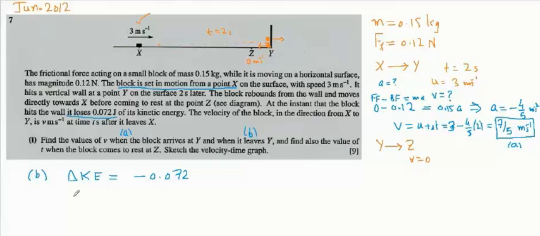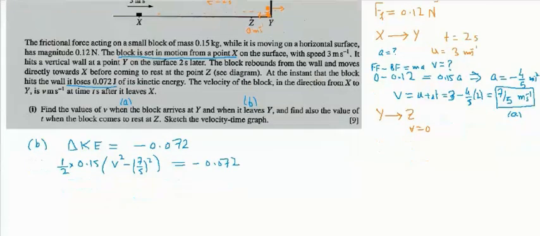So what is the change in kinetic energy? That is half m into v square, which we need to find, minus u square, where it is hitting the wall with a speed of 7 over 5, so this is u square. And that is equal to minus 0.072. From this equation you can find the value of V.